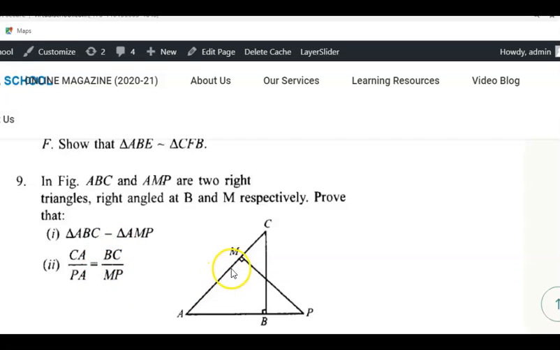And another side is CA. So this is CA and this is MP. Correction, CA and PA. This is CA and this is PA. So they are, as you are aware of, base, perpendicular, and the third condition is hypotenuse. So again given is hypotenuse. So let us start this question.